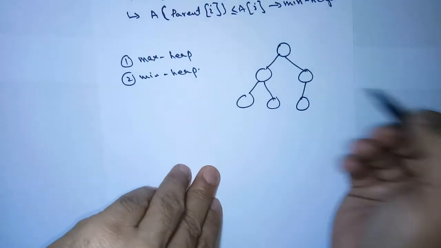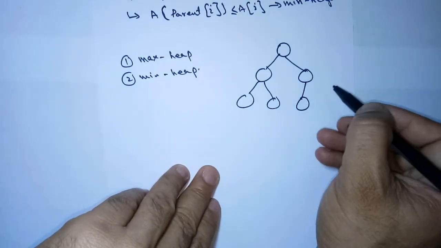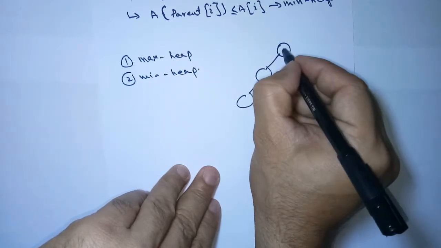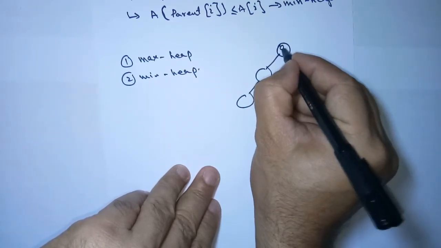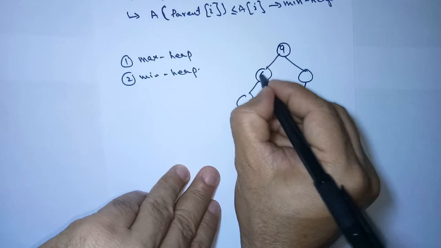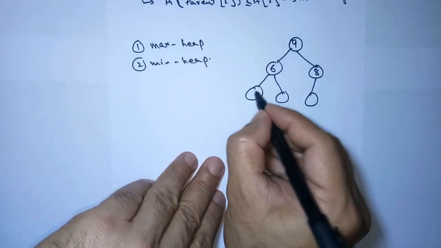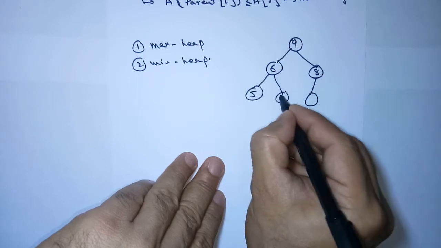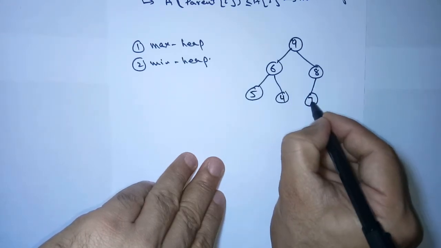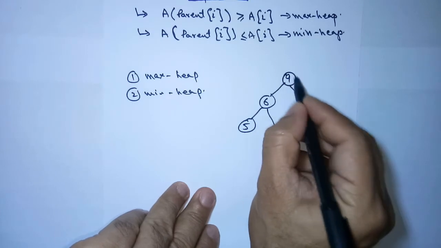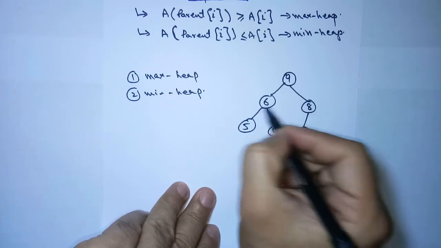Number one, it is an almost complete binary tree, or it could be a complete binary tree. But the thing is, in a max heap, the parent node will always be greater than both of its children.